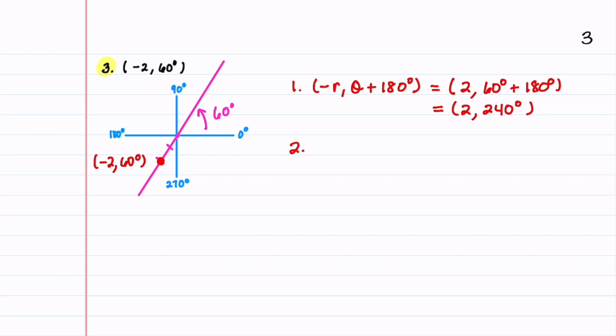Our second representation will be equal to r, theta plus 360 degrees. This is equal to minus 2, 60 degrees plus 360 degrees. This gives us a final answer of minus 2, 420 degrees.